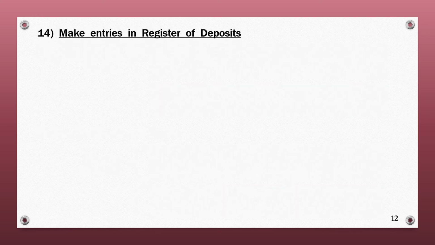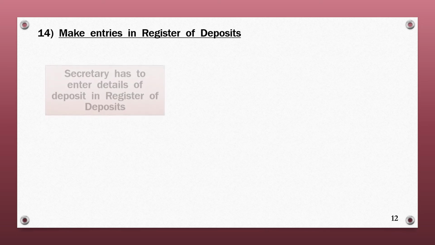The next step is related to making entries in Register of Deposits. The Companies Act specifies that it is compulsory for companies accepting deposits to maintain a separate statutory book called as Register of Deposits.